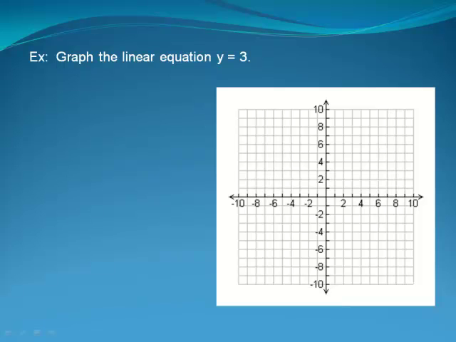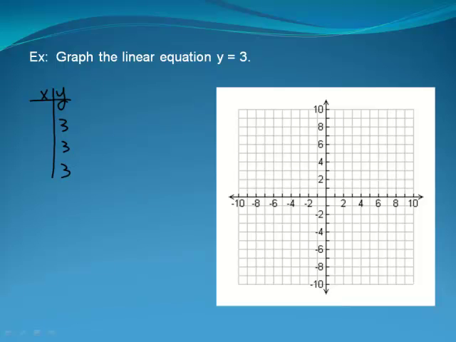Let's say that I asked you to graph the linear equation y equals 3. All right, easiest way to do this: we're going to get 3 ordered pairs, just like always. Okay, 2 is a minimum, 3 is a better check. That equation says y is equal to 3. That means the only thing you can put in for y is 3.